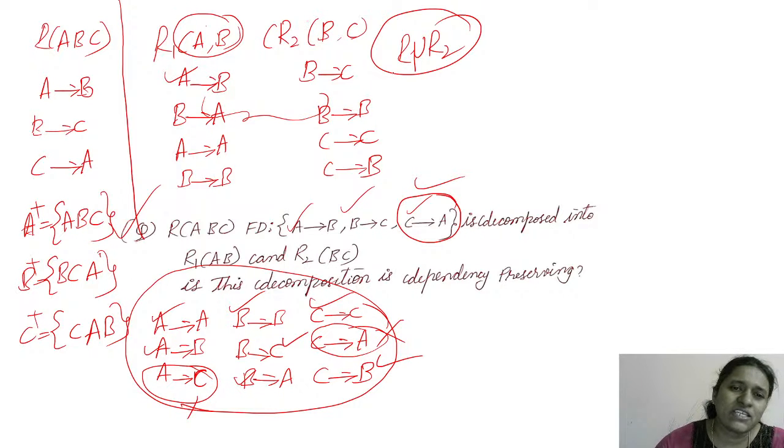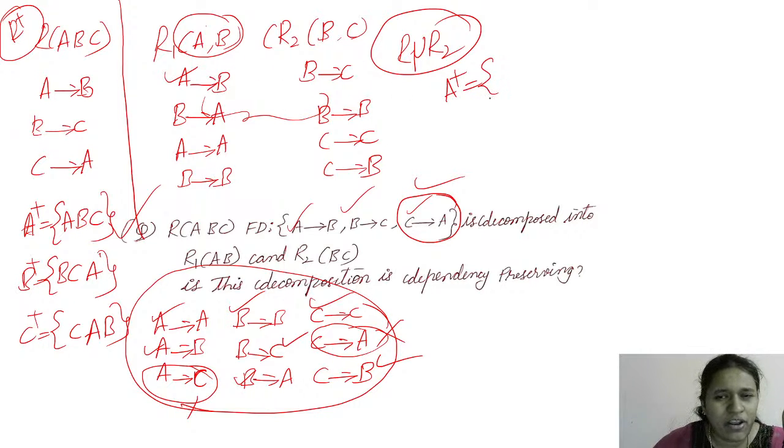Whenever the relation is given, first of all, we have to find the closure of everything, all the possible closures from the original relation R plus. Next, whatever comes under the given relation, we have to write all these here. Now we have to combine R1 union R2. Here, take the closure of A plus in R1 union R2.